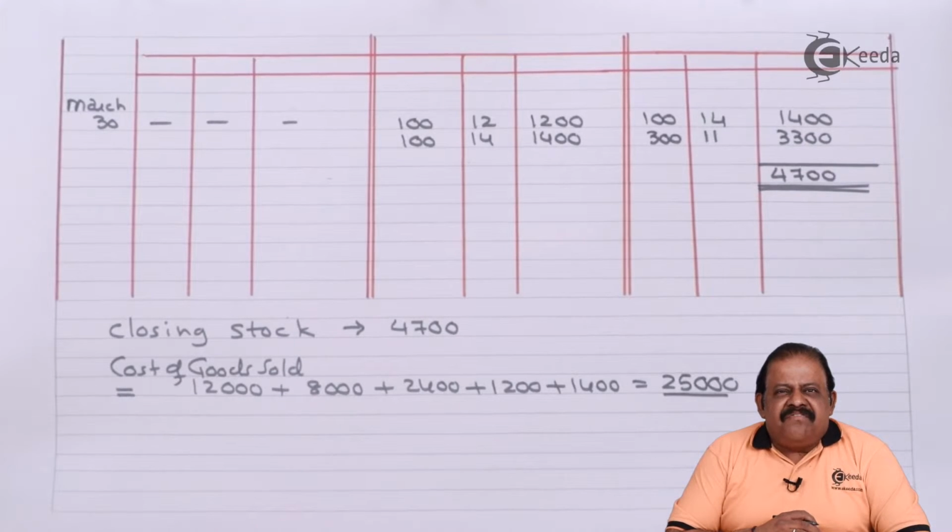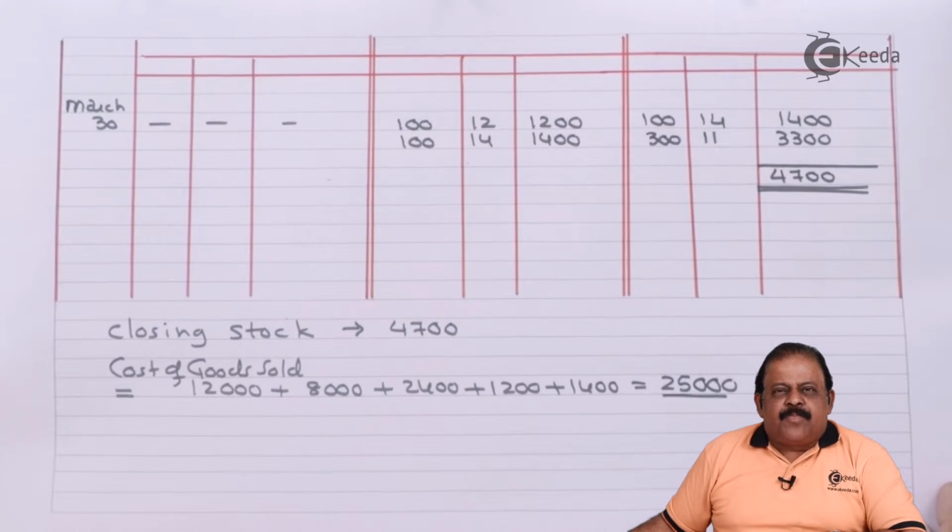It will be rupees 25,000. So we have completed as per FIFO method.